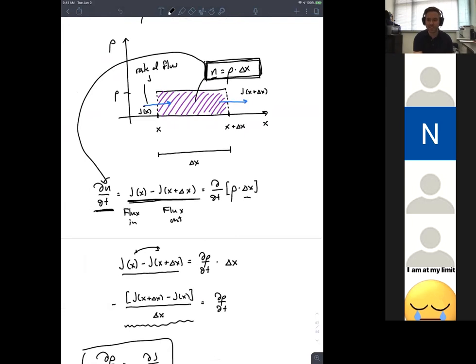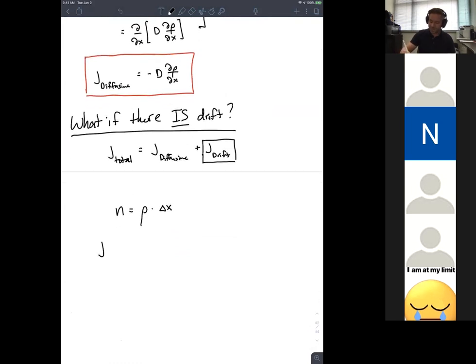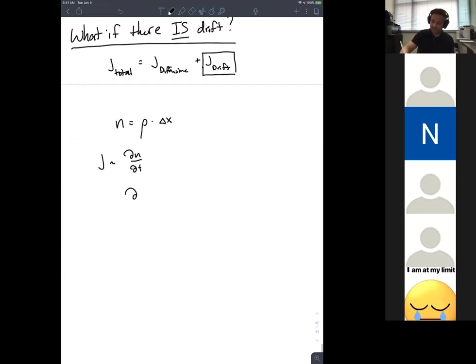That is the definition of the flux, right? This says that the rate of change of the particles is the flux in minus the flux out. So J is related to the time derivative of the number of particles. So if I take the time derivative of the number of particles, this is equal to the time derivative of rho times delta x.